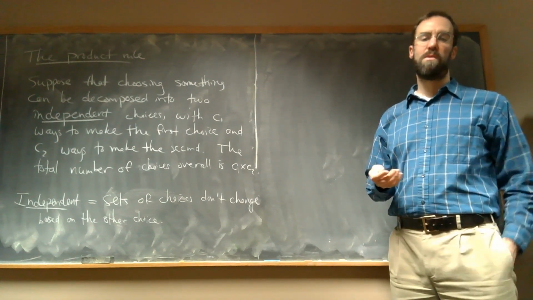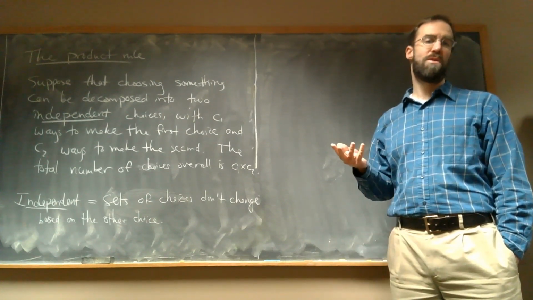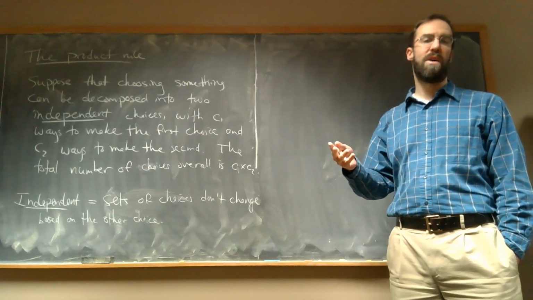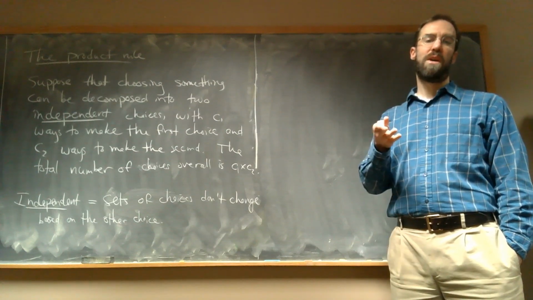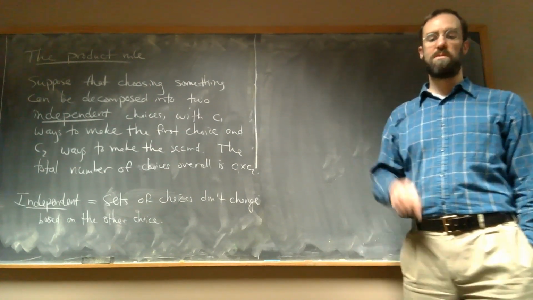But if there was a rule that said, on Thursdays you have to read at least 2 books, but any other day you can read 0 to 5, right? Then those are no longer independent because my choice of day affects which choices are available to me for the other thing. We'll see some more examples of that.